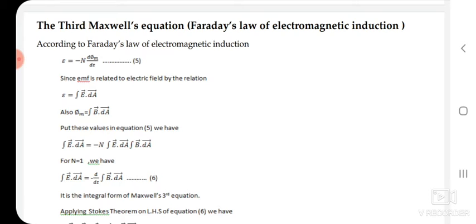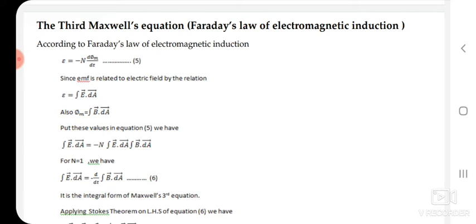According to Faraday's law of electromagnetic induction, E is equal to minus n dou phi m by dou t. This E is nothing but the EMF.